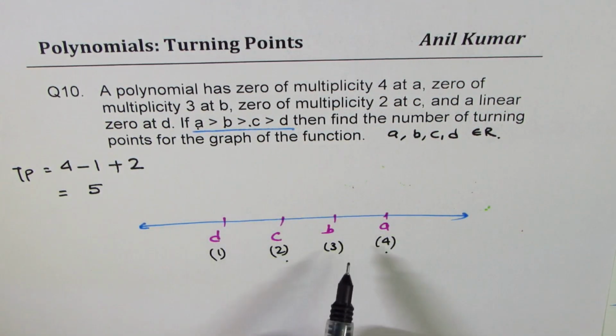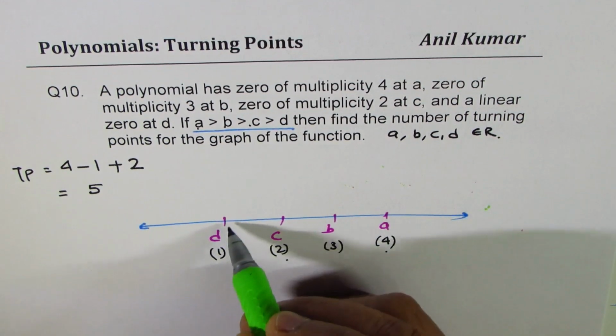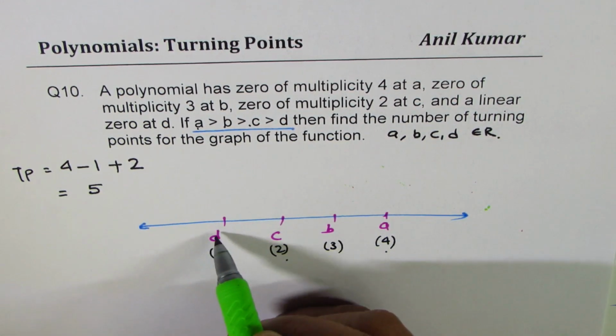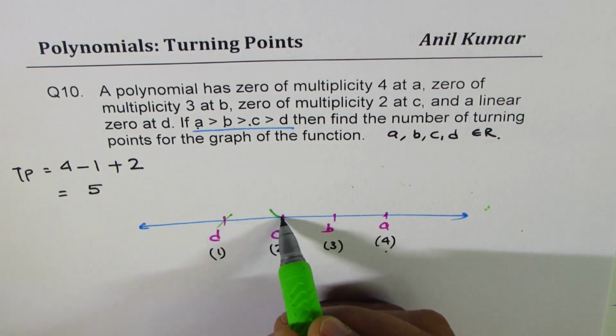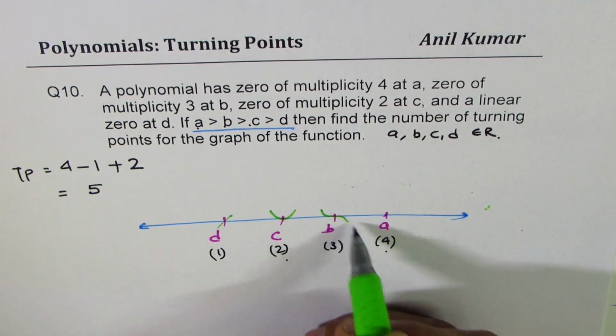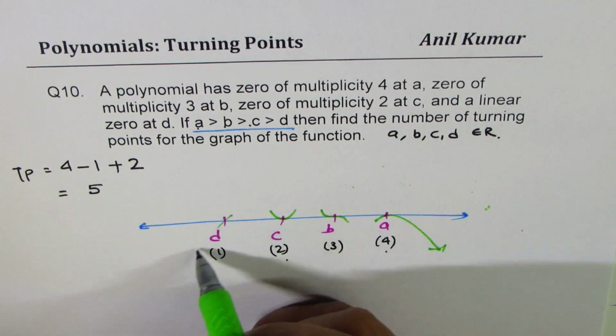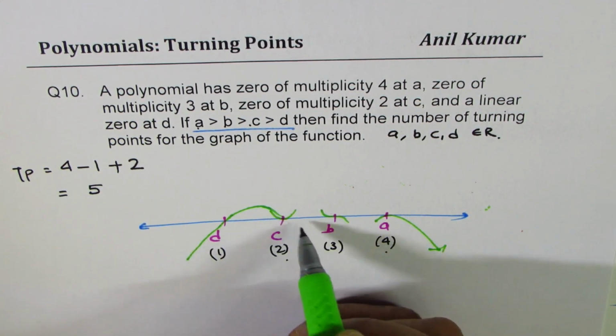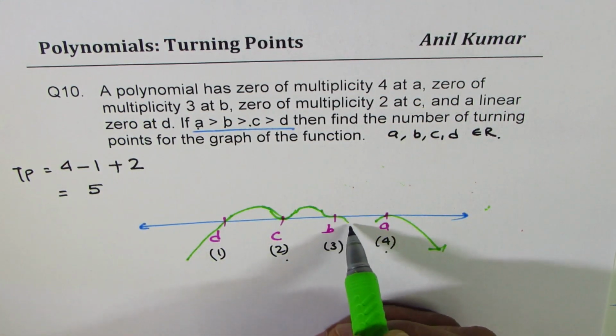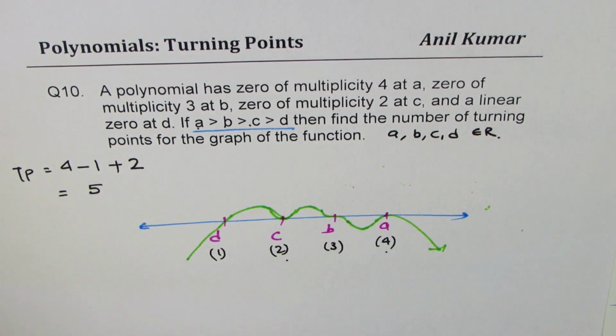Now you can see that leading coefficient doesn't really matter, right? So we could start from anywhere. So if I start from here, it is kind of linear. Here it turns. Here it is cubic. And then here it turns back again. And you get your graph. Do you see that? So you could actually connect these points and sketch your polynomial graph.